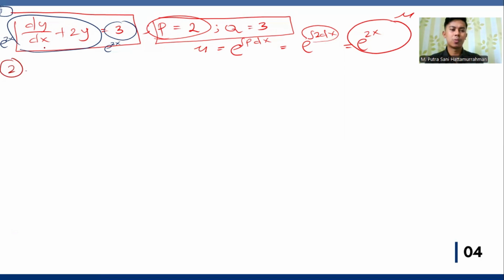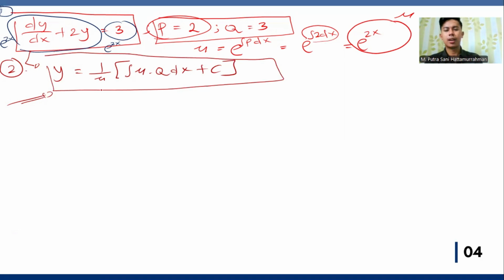In general, if we have a first order linear differential equation, the solution is y equal to 1 per mu multiplied by the integral of mu times q dx plus c. So you can also find the solution by this formula.